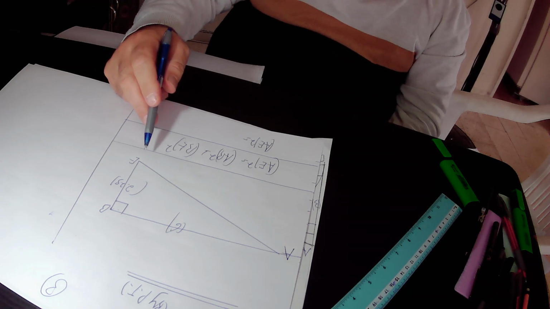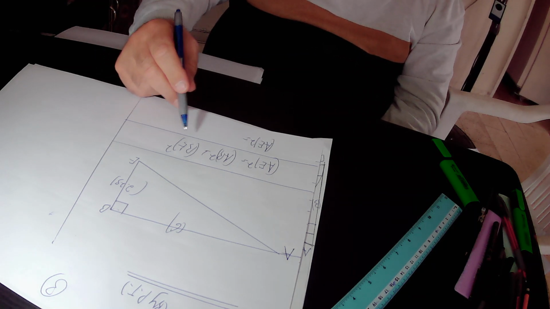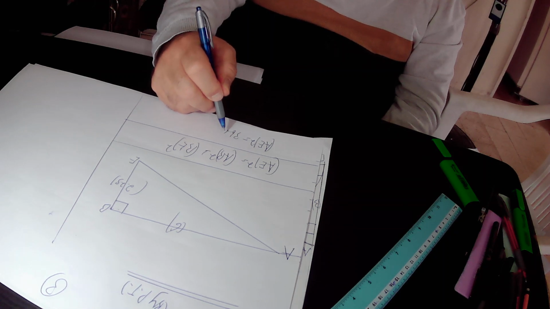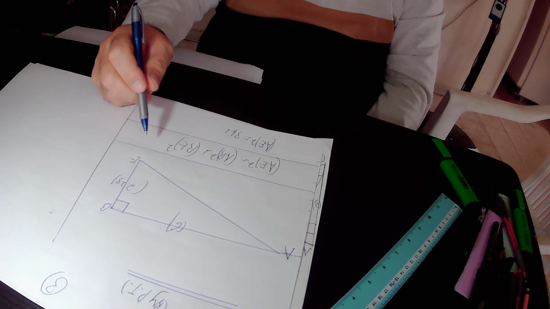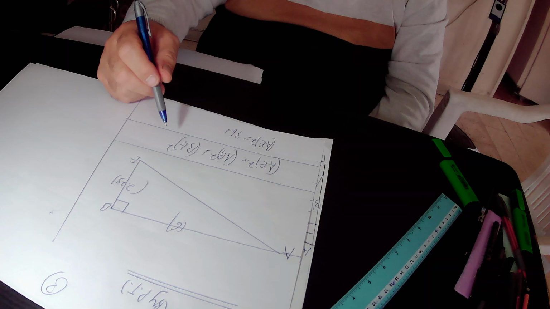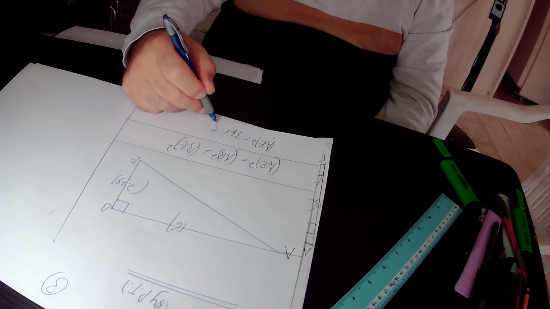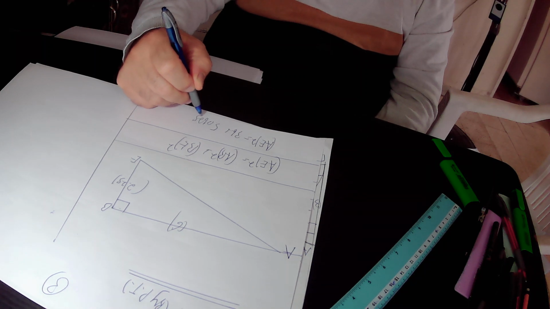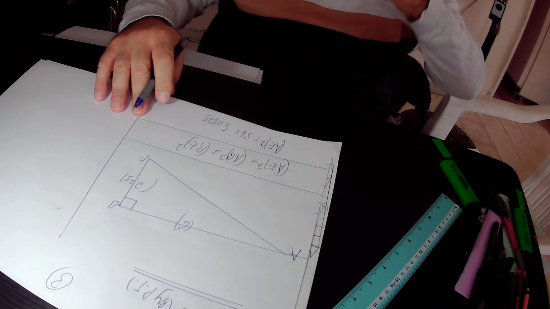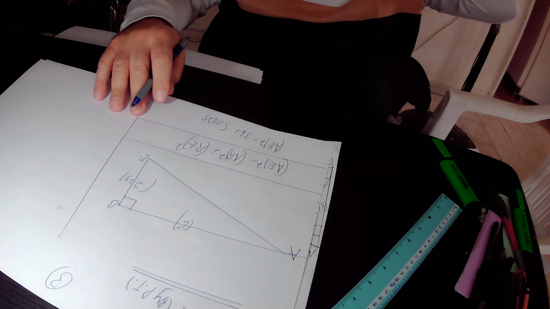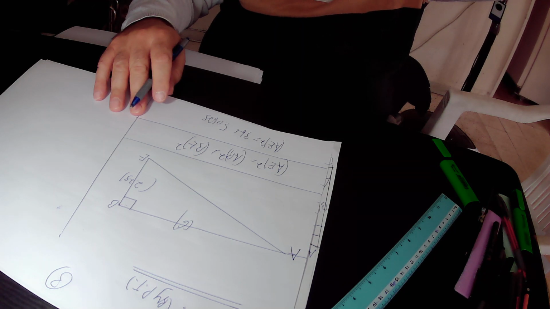AB is 6, therefore AB square is 6 square, that is 36, plus BE square. BE is 2.25, therefore BE square is 2.25 square. That is actually equal to 5.0625. So in total, we found out that AE square equals 36 plus 5.0625.